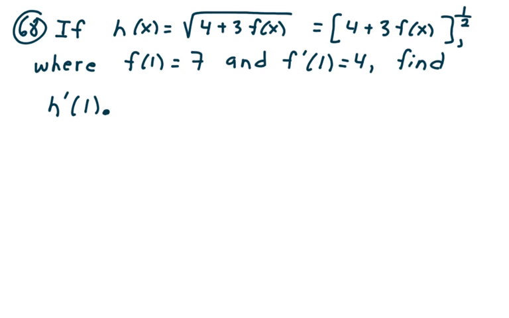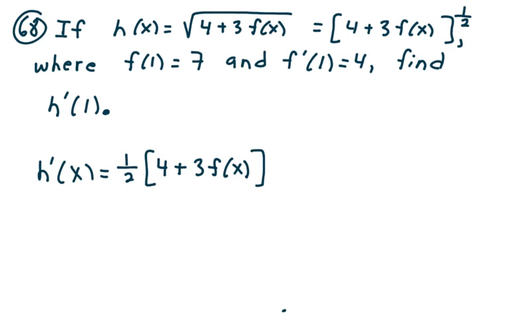And so h prime of x is 1/2 of, applying the chain rule, right? So I get 1/2 of 4 plus 3f of x to the negative 1/2 power, right?